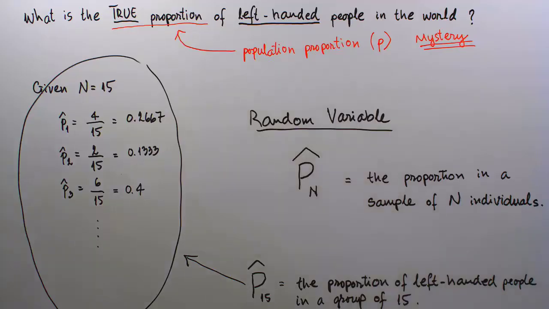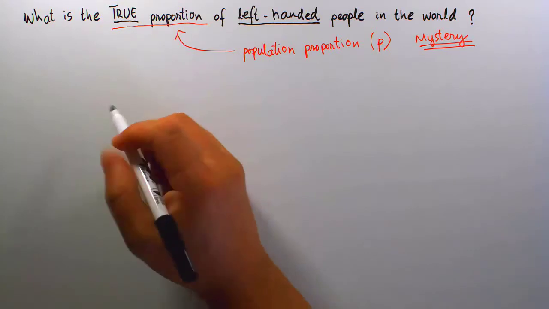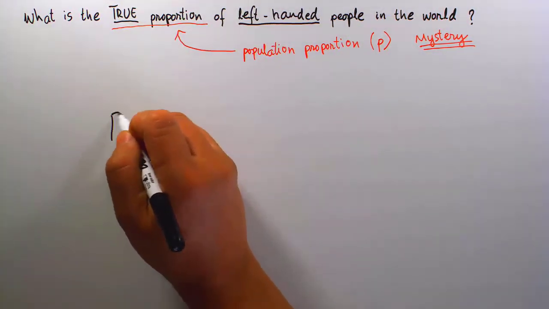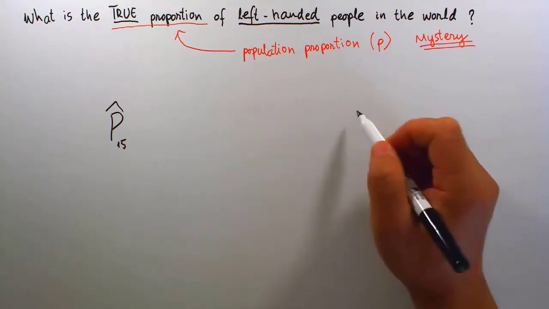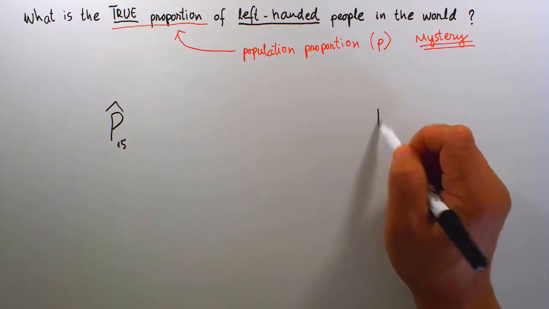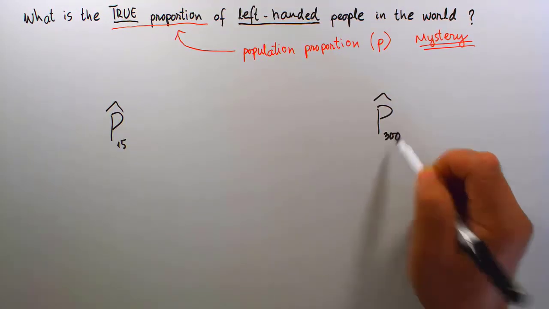So let me bring up a quick demonstrating example. In my style of naming the random variable, we have seen capital P hat 15, and there will be other times that we're working with maybe capital P hat 300, for example.